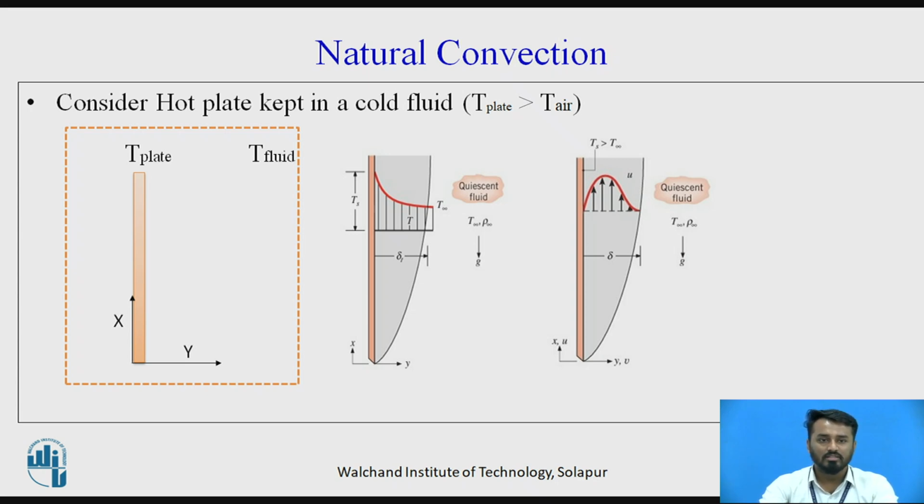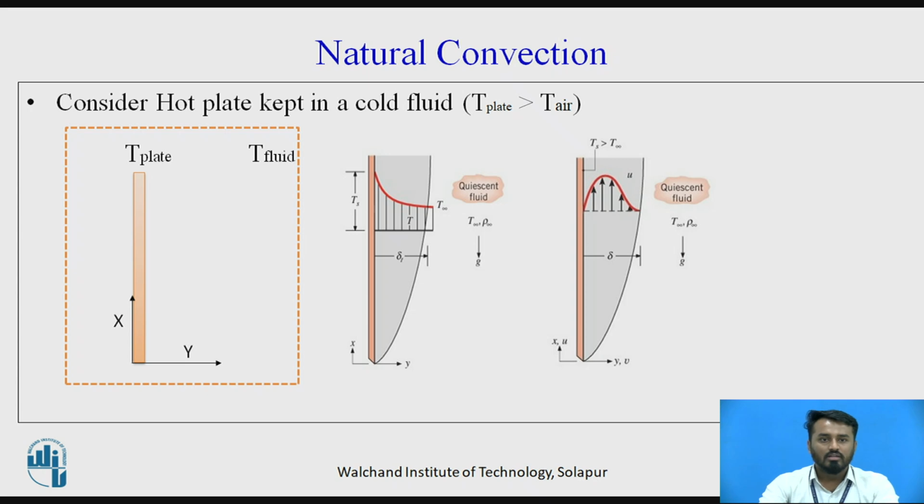Within that system, I have T plate, the temperature of the hot plate, and T fluid as the temperature of the fluid, assuming my fluid is air. To know the directional effects, I have taken a coordinate system, x along the length of that plate and y perpendicular to that plate.